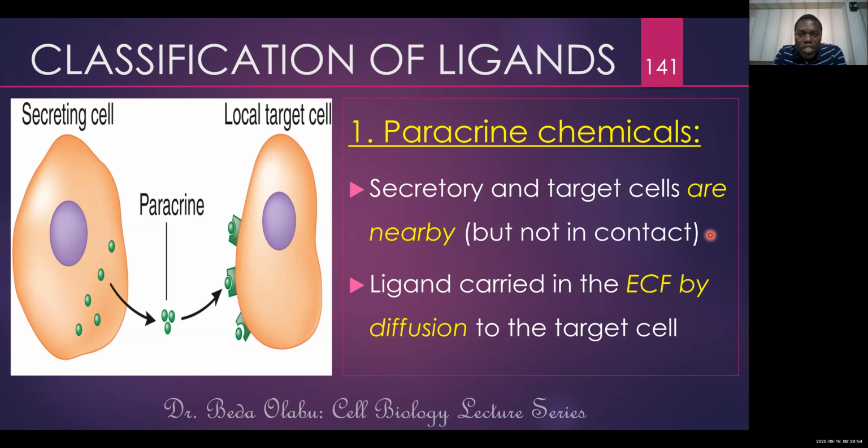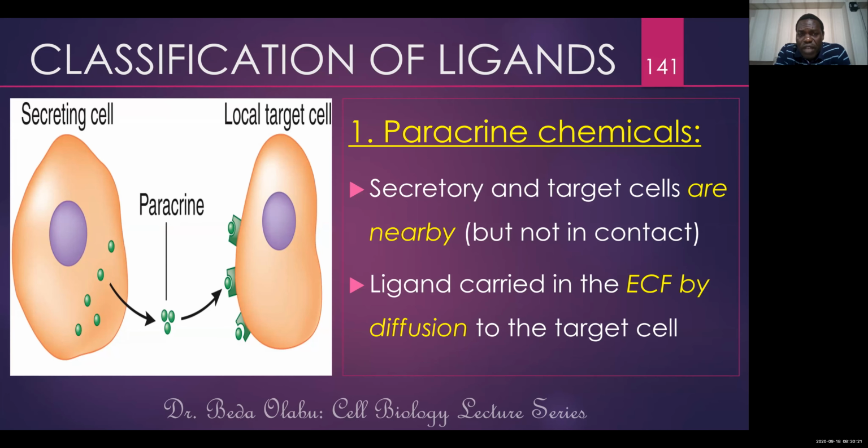The chemical will just diffuse in the interstitial fluid to reach the target cell. If that happens, then we call that paracrine signaling, or that chemical will therefore be classified as a paracrine ligand. It's a ligand, but it's paracrine because it is released by a cell within the neighborhood.